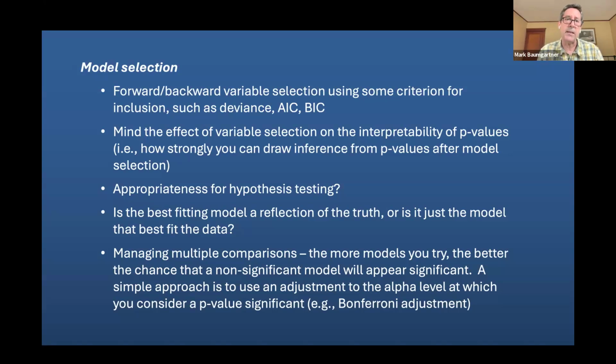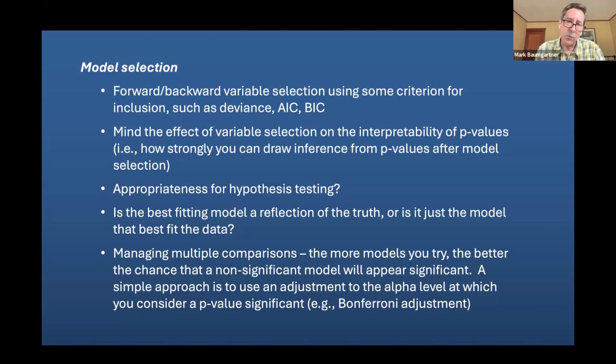And one of the things you have to think about when doing that is the effect on the interpretability of p-values. If you let the machine do all the model selection for you, you ought to be a little careful about using the p-values that come out of that, because you've cooked the books a little bit to get the best p-values possible.